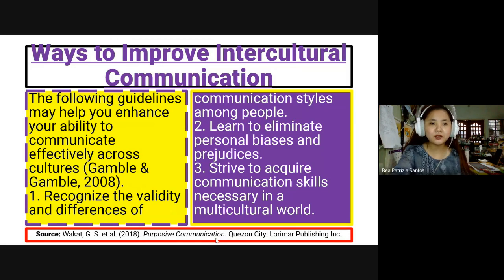If you are talking to people from other nations, you should think about the ways to improve intercultural communication. So that is the end of Module 2.